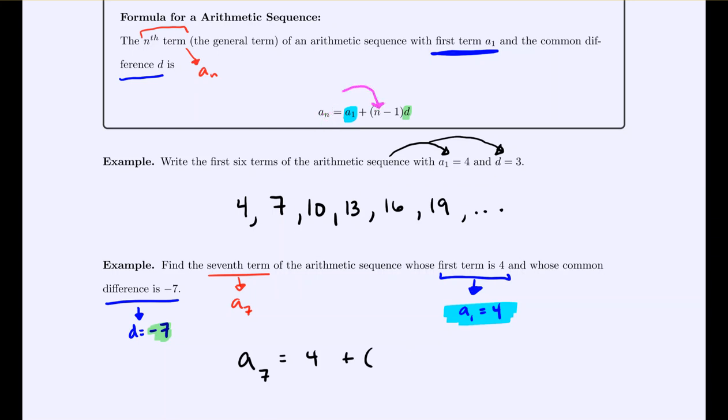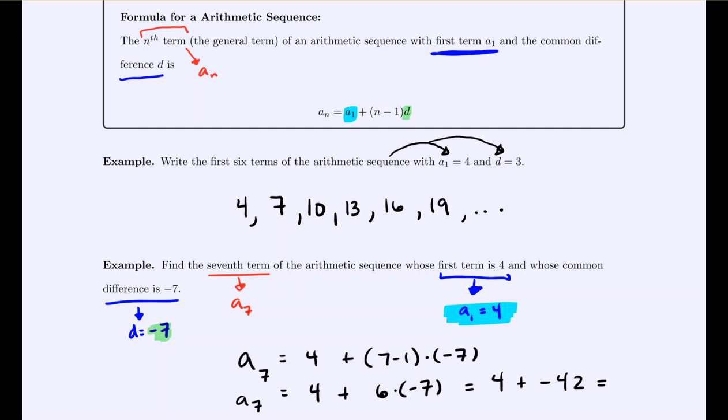So I'm going to take 7 and subtract 1, all multiplied by the common difference of -7. Simplify this term by term, so we'd have 4 plus 6 times -7. That's going to be equal to 4 plus -42, which would equal the value of -38.